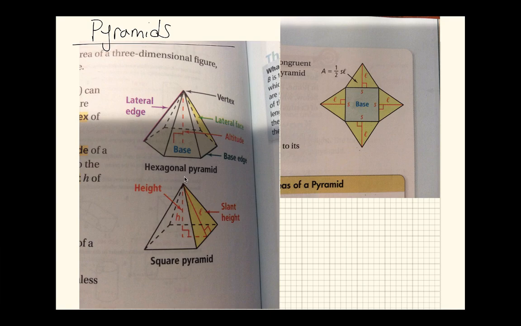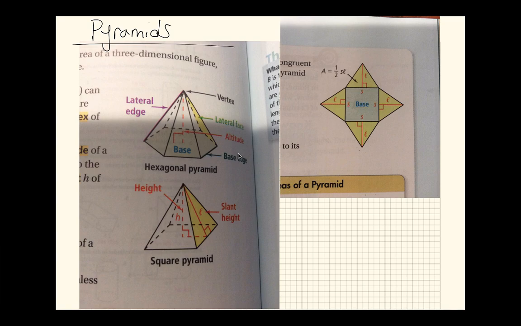All right. So every pyramid has a base. They have one of those. Lateral edges are basically all these lines that come up and meet at the top point, which is called the vertex. So we have our lateral edges. They meet from the base and they meet at the vertex. These ones around the edge are the base edges.